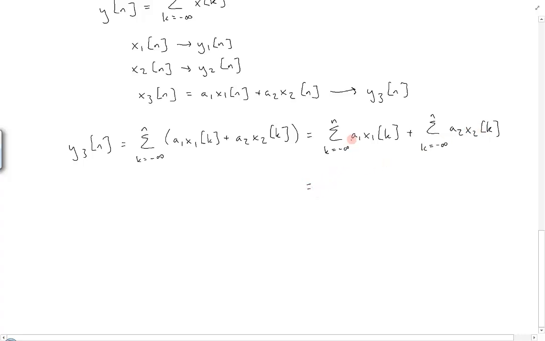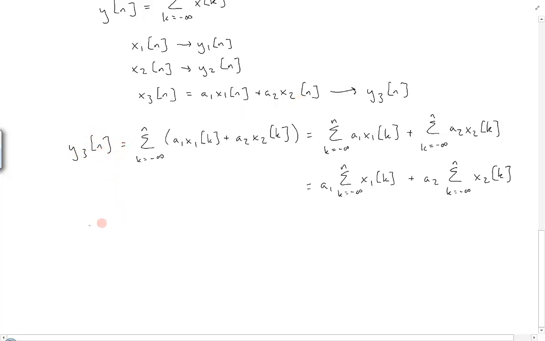And furthermore, since a1 and a2 are not functions of k, we can bring them out front, and we have a1 times the summation of x1 plus a2 times the summation of x2. So this is our system response to the superposition of x1 and x2, and we called it y3.